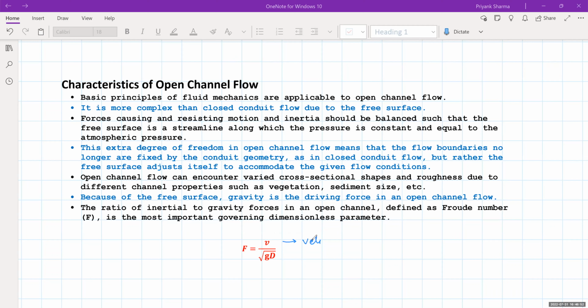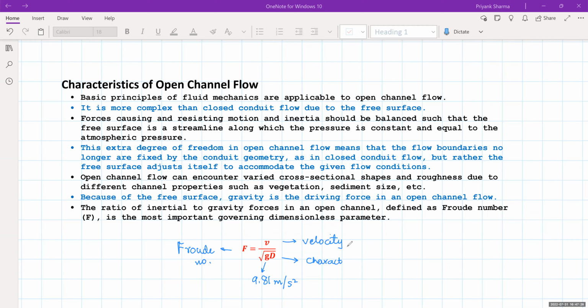This is velocity, this is Froude number. G is the acceleration due to gravity, that is 9.81 meter per second square. And D, this is the characteristic length.